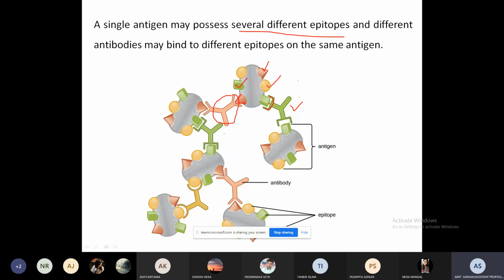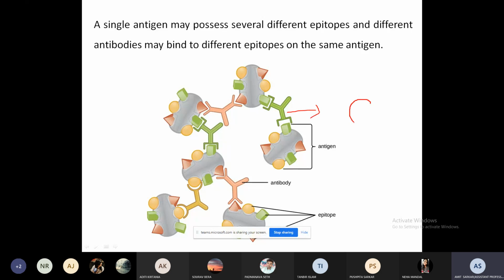Similarly, the yellow one, its binding site is roundish in shape and it can bind only to the round shaped epitope, not others. So for each and every epitope, we have different antibodies.